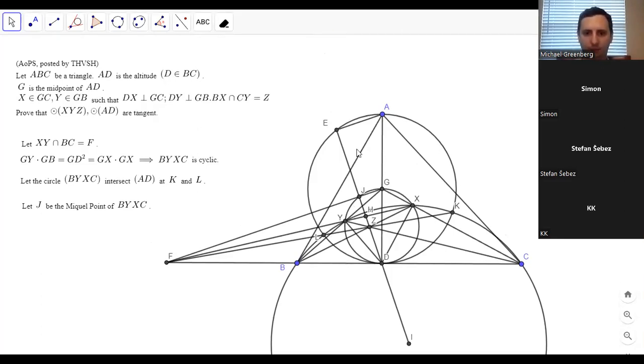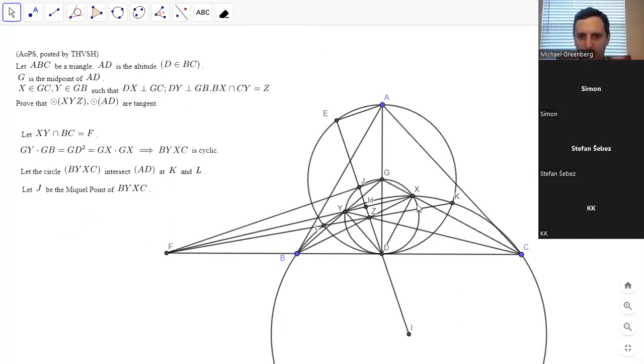orthogonality now. Okay, so then we have GD squared equals GY times GB. That means that those two circles are orthogonal because basically GD would be the length of the tangent to this circle.